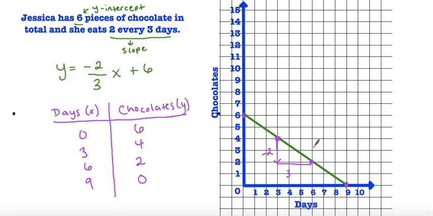So I usually like to do my rise first and then my run. So determine whether you have to go up or down first and then go over to the right. So that's our slope, -2/3. And our y-intercept is here at 6 because she started off with 6 chocolates.